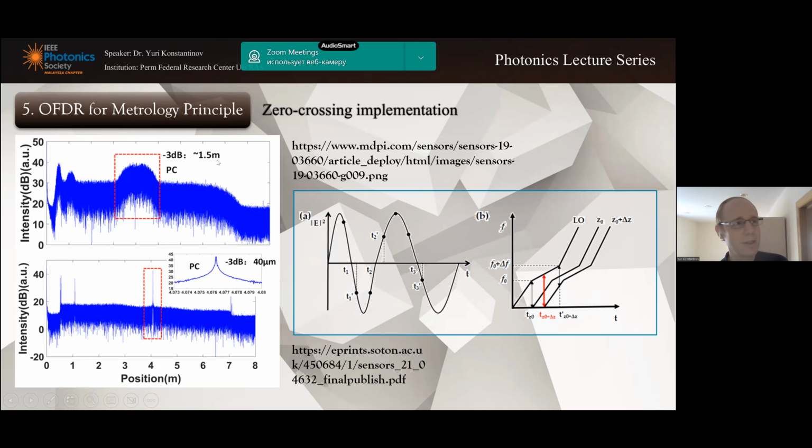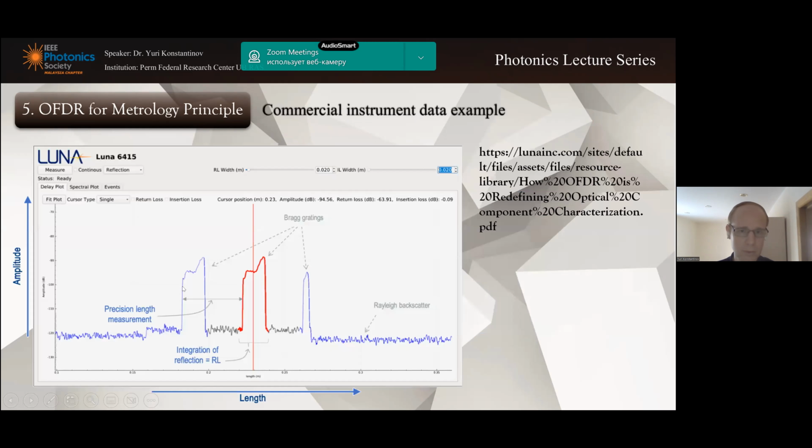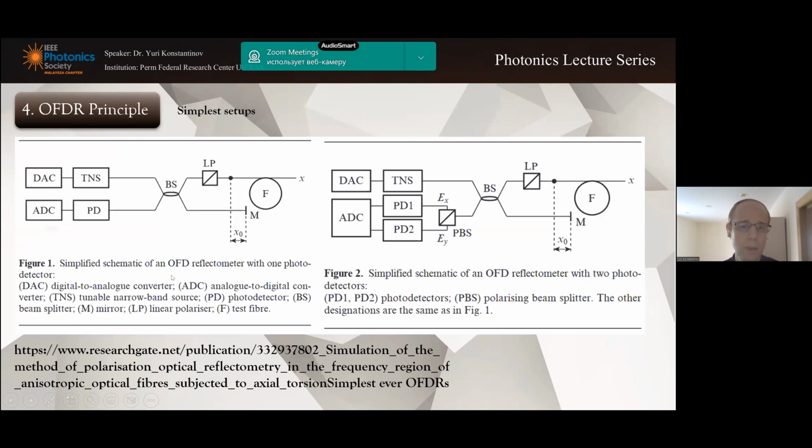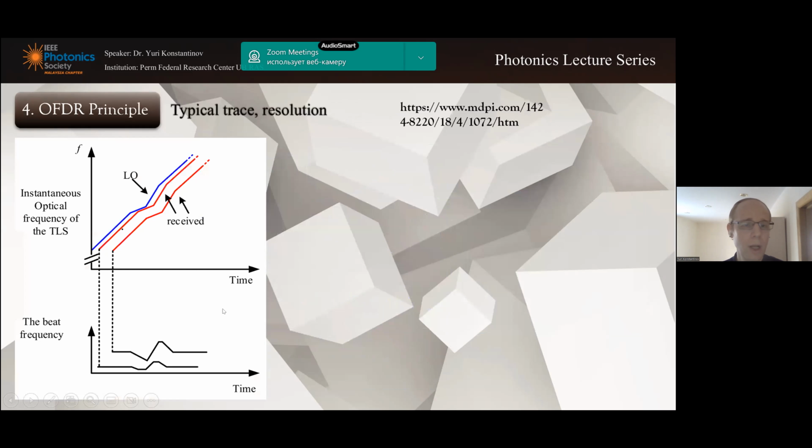Of course, it's lower than the 8 meters that we saw at the OTDR trace, but it's not true, yes? So we need to do something to fix it.